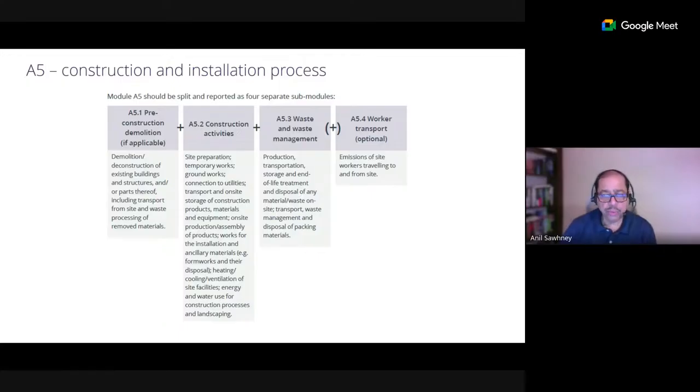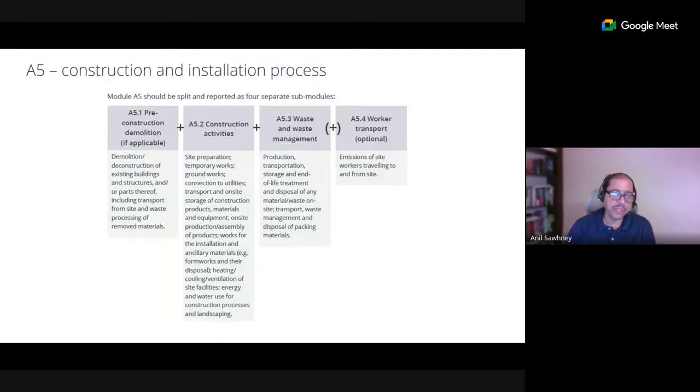Then you have A5.3, which is waste and waste management. It covers production, transportation, storage, end-of-life treatment, and disposal of any material waste on site. So 5.1, 5.2, 5.3 should be calculated.